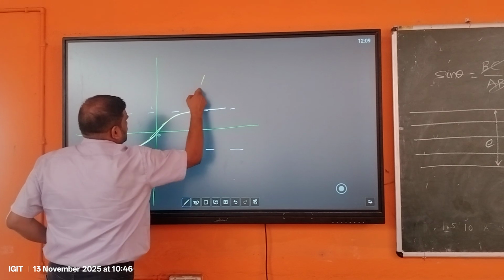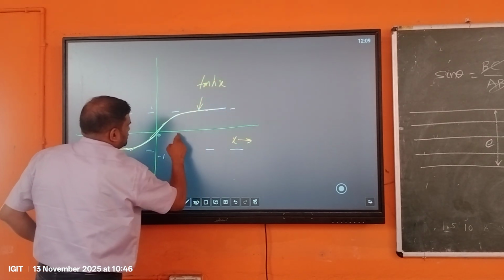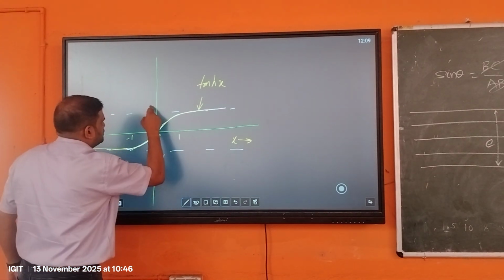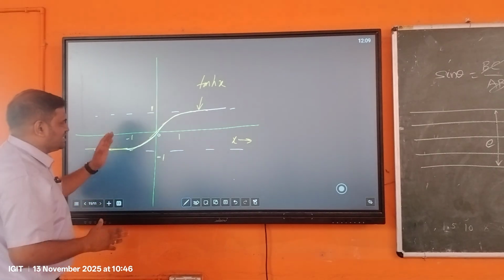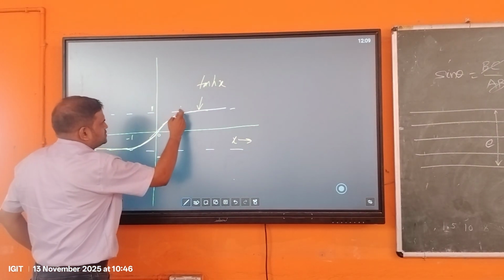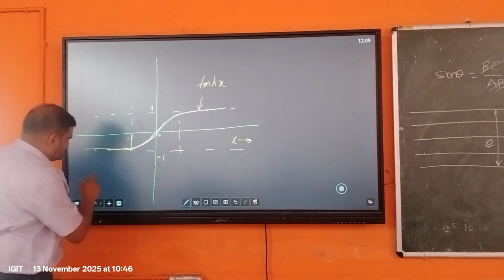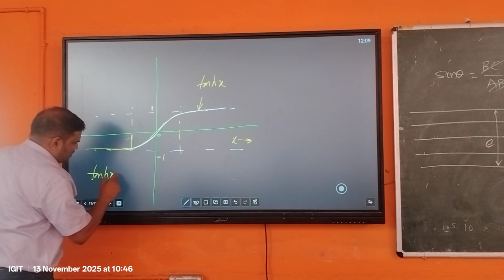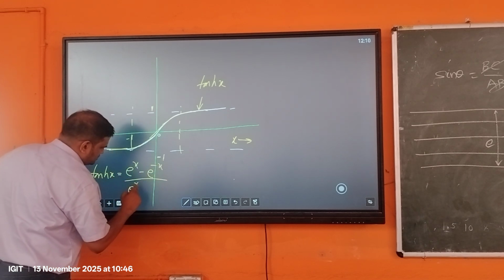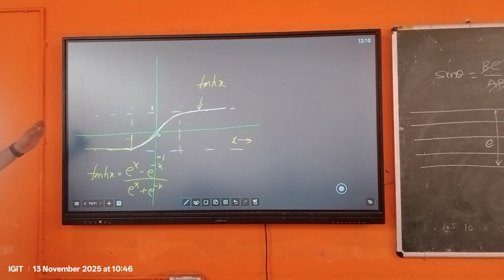This is the representation of tanh x. This is 1, this is -1. So the tanh x value is actually like a sine function, which varies between 1 and -1, and it changes polarity. And what is tanh x? tanh x is equal to e to the power x minus e to the power minus x by e to the power x plus e to the power minus x. This is the tanh x, it changes this value.